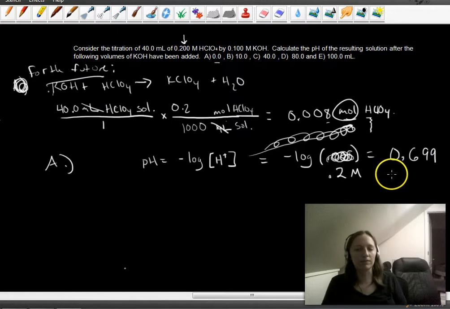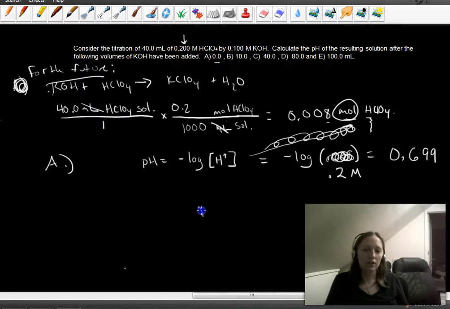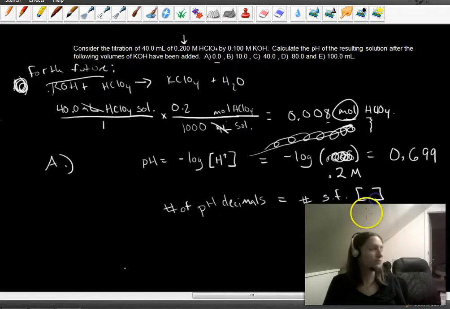Now, here's the thing. Your sig figs in this are a pain. Here is the rule. How many decimals do I want in my pH? The number of pH decimals is equal to the number of sig figs in your concentration.